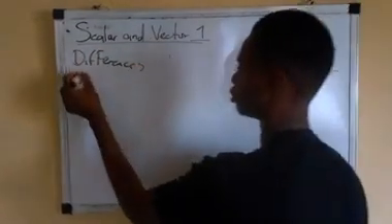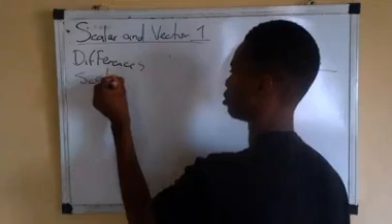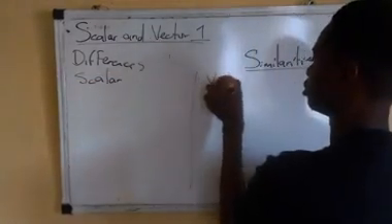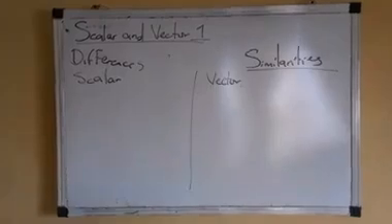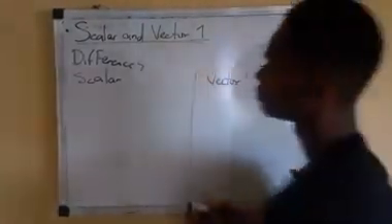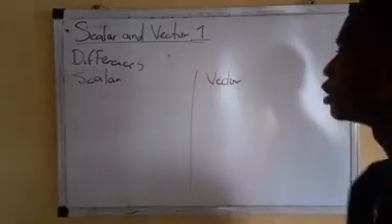Now let's go to the differences between scalar and vector quantities. Let's add scalar here, and vector. Alright, so let's wrap that off.